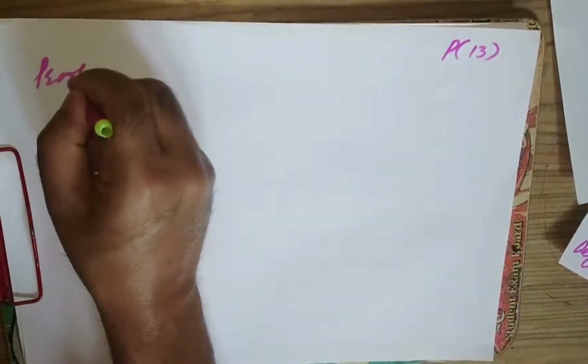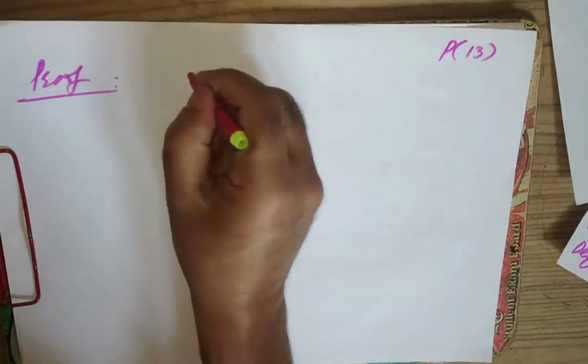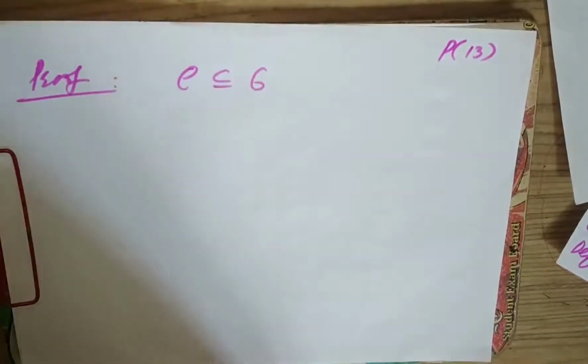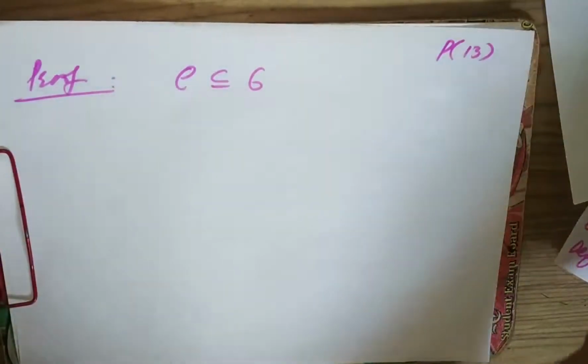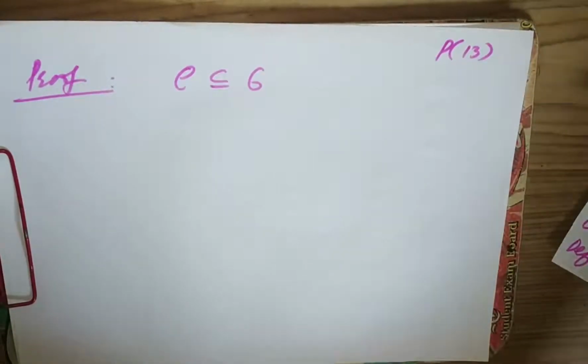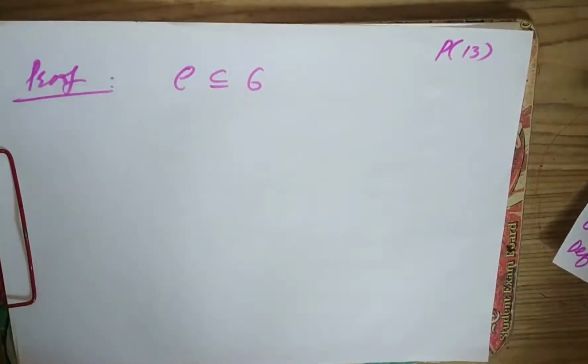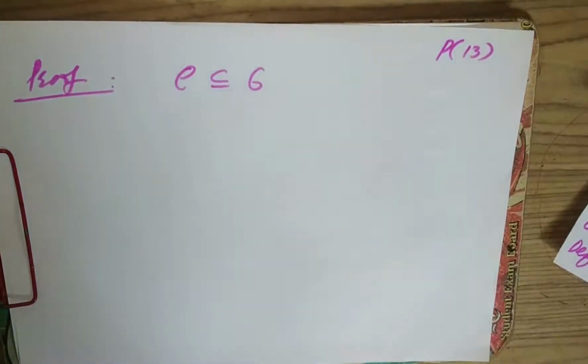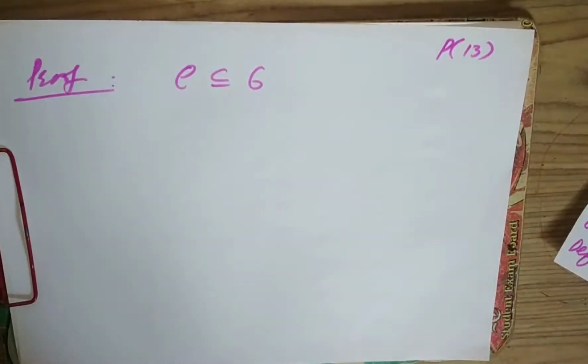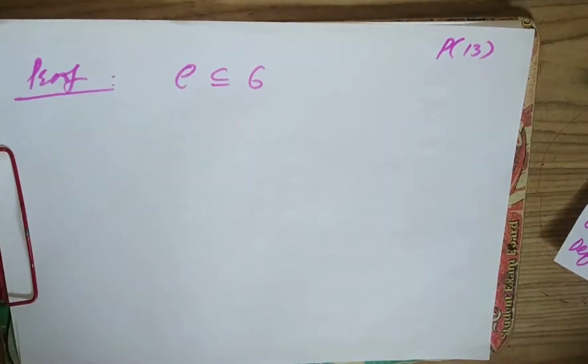Page number 13. Prove. Now here rho is a subset of sigma. This is given to us. So it means that kernel rho is a subset of kernel of phi.